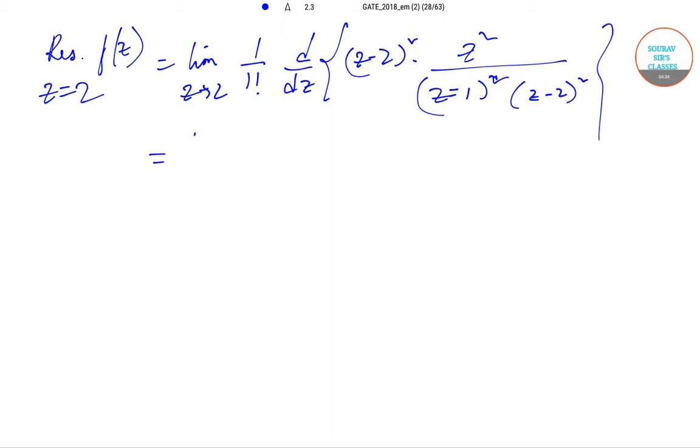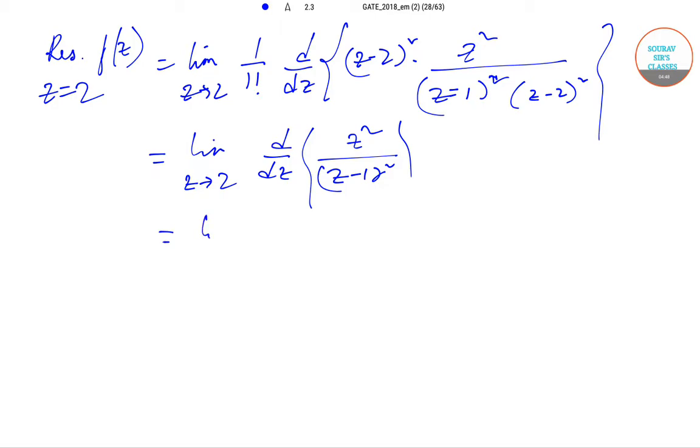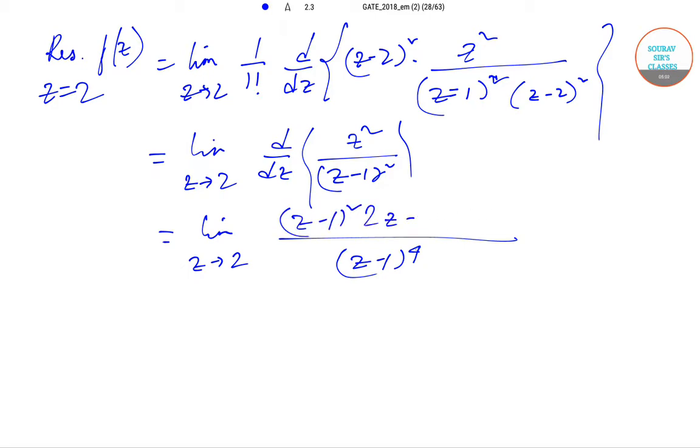So this will come down to limit z tends to 2 of d by dz of z square upon z minus 1 whole square. Upon differentiation this will give us limit z tends to 2, z minus 1 to the power 4 on the denominator, and on top we'll get z minus 1 whole square into 2z minus 2 times z minus 1 into z square.